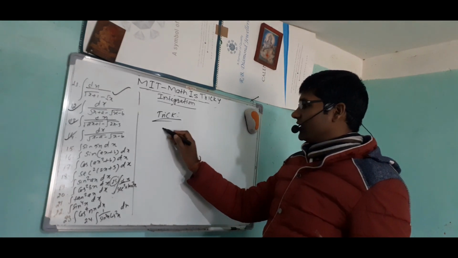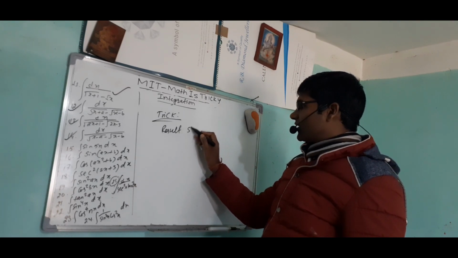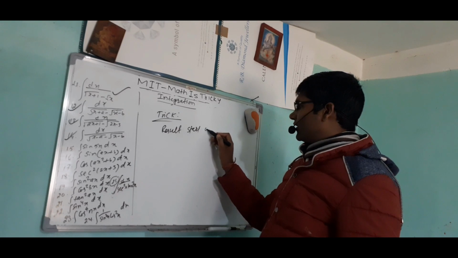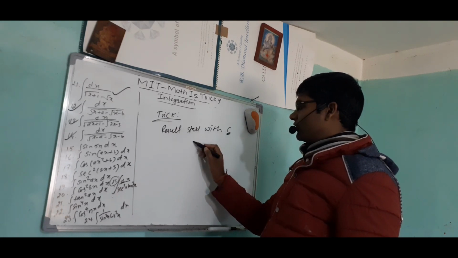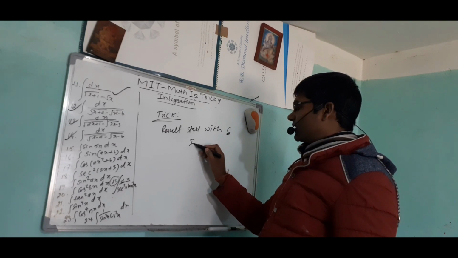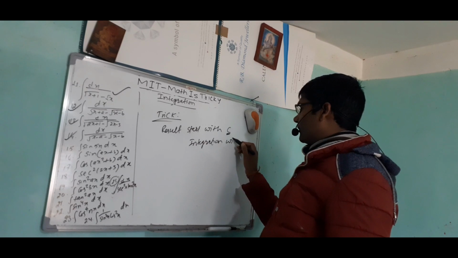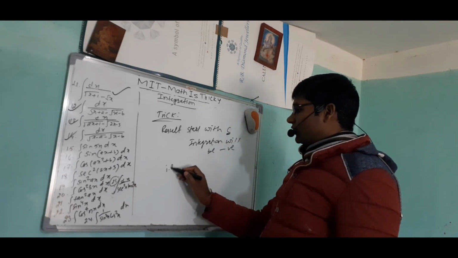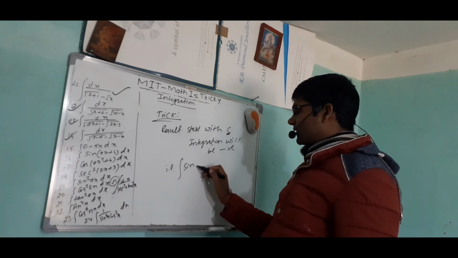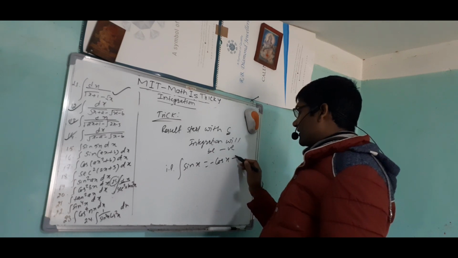If the result starts with c, the integration will be negative. Integration of sine x is cos x, and as it starts with c, it will be minus cos x plus c.